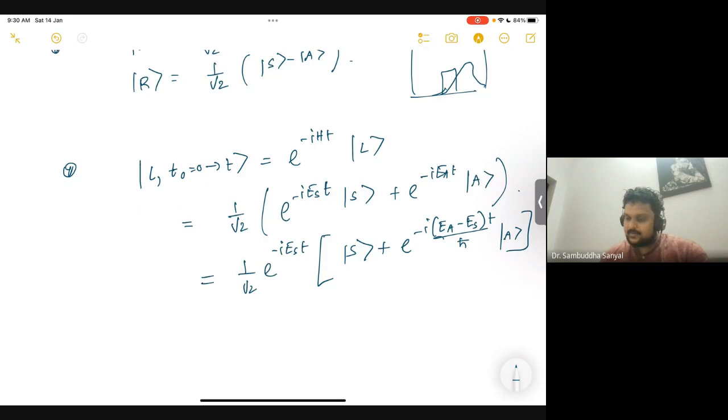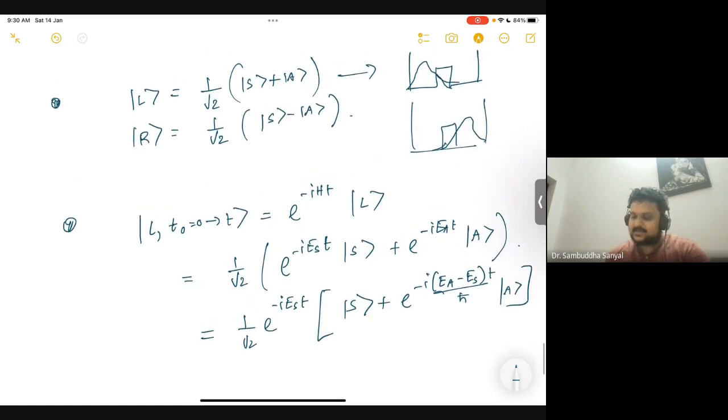Notice what is happening here: this means that this solution will oscillate between S and A.